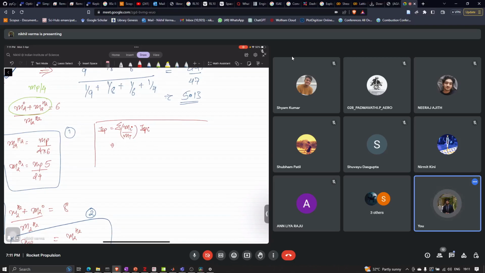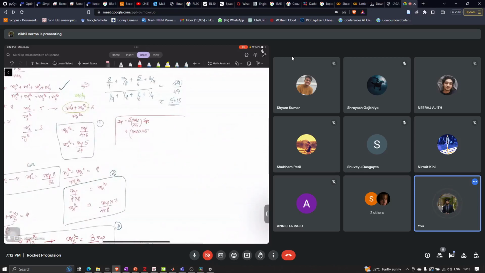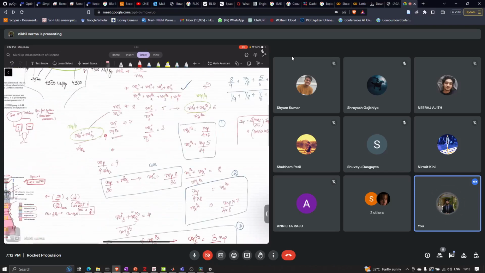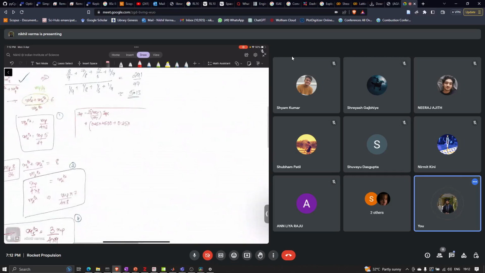So we have 0.25 mass flow rate that is going through the core stage, which has an ISP of 4500. Similarly, the first annular ring, which is in black, is 4540.